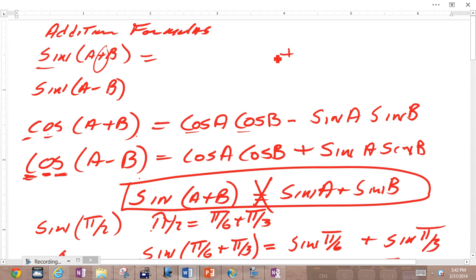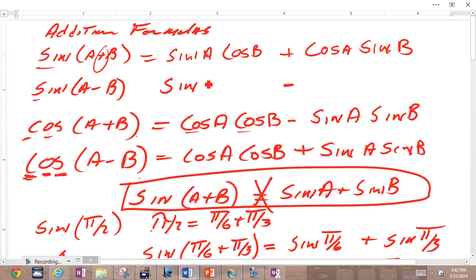So the sine of A plus B is sine A cosine B plus cosine A sine B. And for the sine of A minus B, it's the same sign: sine of A cosine of B minus the cosine of A sine of B. So those are the identities for the addition formulas.